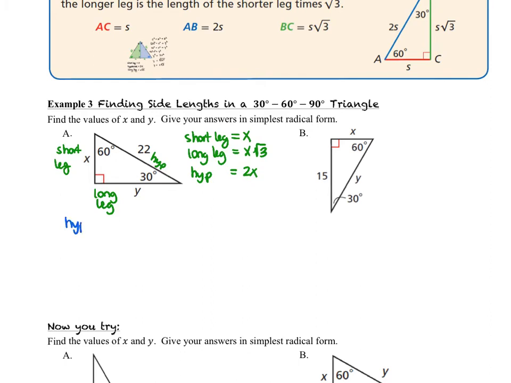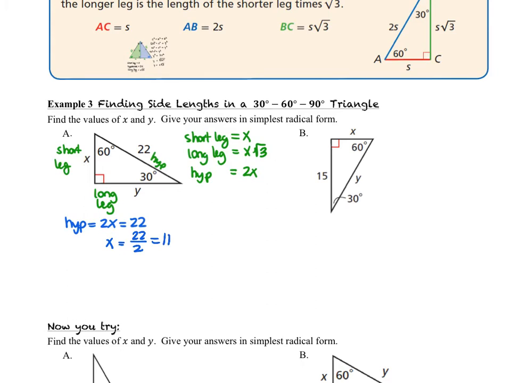If the hypotenuse is equal to 2x, and the length of the hypotenuse given to us in the diagram is 22, then we know that in order to find x, we have to divide 22 by 2, and we end up with x is equal to 11.